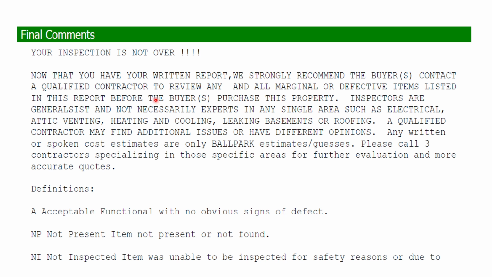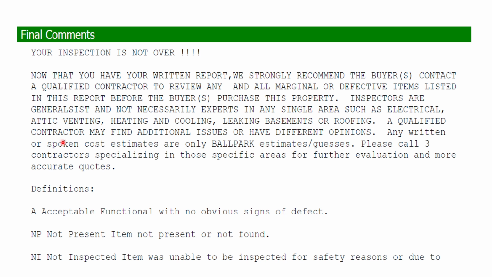So mine all read this way. Your inspection is not over. Now that you have your written report, we strongly recommend the buyers contact a qualified contractor to review any and all marginal or defective items listed in this report before the buyers purchase this property, because inspectors are generalists and not necessarily experts in any single area, such as electrical, attic venting, leaking basements, blah, blah, blah.